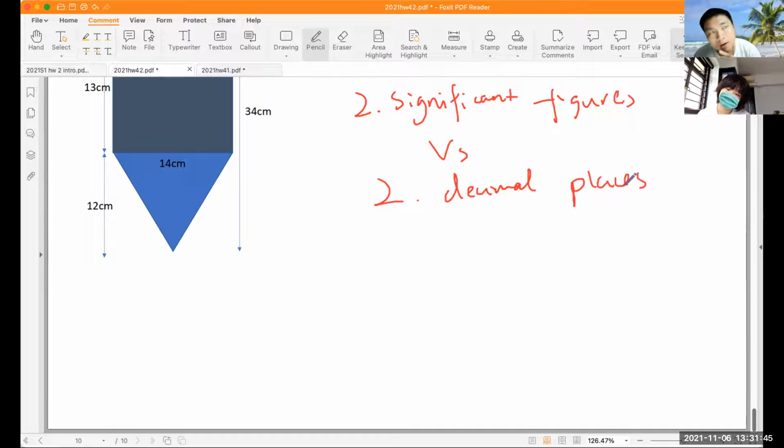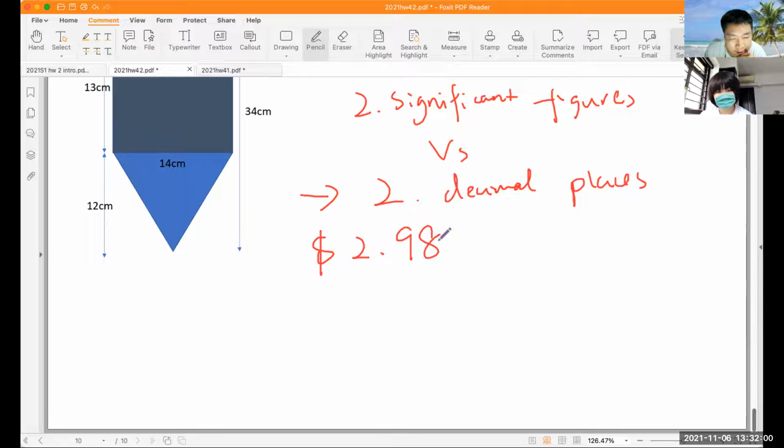I will say the concepts are similar, but there is one difference between these 2. Let's talk about 2 decimal places because you are familiar with it. So if I have $2.9985, this is in dollars, so you have to convert it to 2 decimal places.